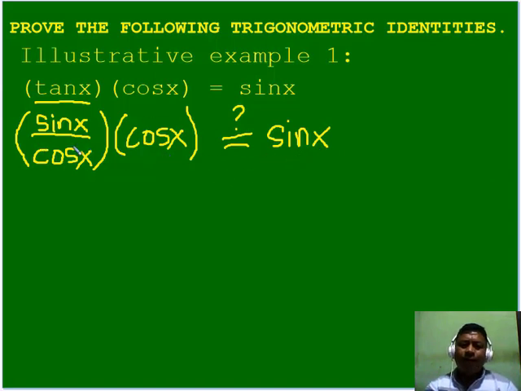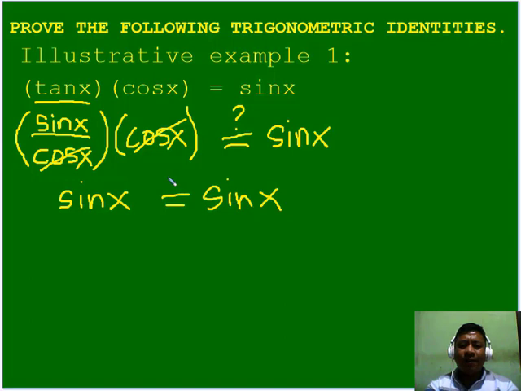Simplifying further, sine x over cosine x times cosine x, as you can see, we can cancel out cosine x. So from here, this is just equal to sine x, which is simply equal to the right side of the equation, which is sine x.